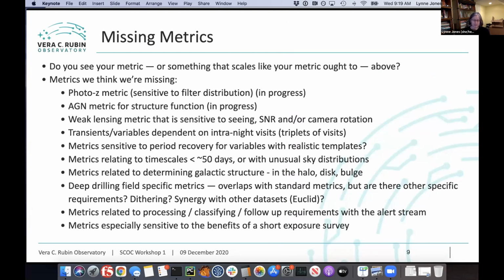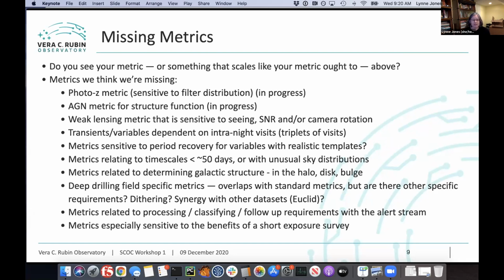So this would be sensitive to the filter distribution and the co-added depths. And we know this is in progress and it's coming soon. We would also love to see an AGN metric for structure function because this is dependent not only on the cadence within a season, but the cadence between seasons. And we also know this one's in progress. But yeah, we need to work with that team a little bit more, I think.